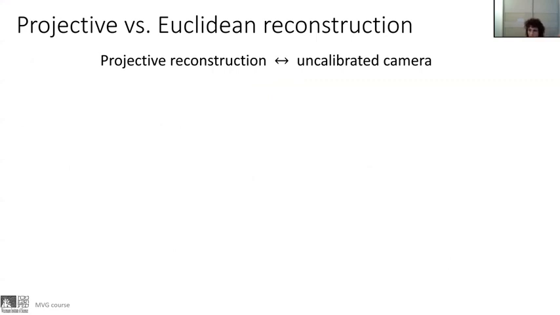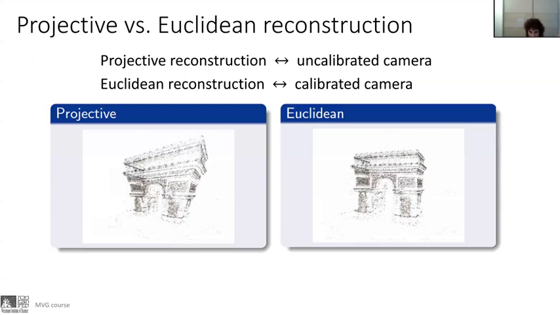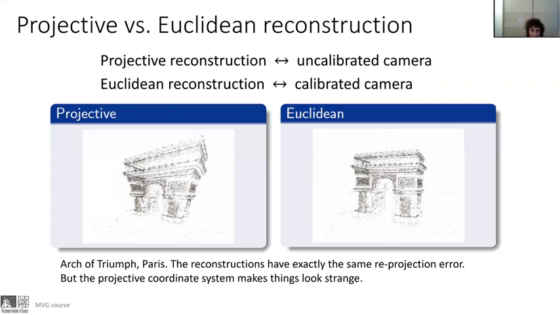In a minute, you'll see what I mean by this. When I have a calibrated camera, I can have Euclidean reconstruction or metric reconstruction. Visually, it looks like this. On the left, I have the projective reconstruction of the Arc de Triomphe in Paris. On the right, I have the Euclidean reconstruction.